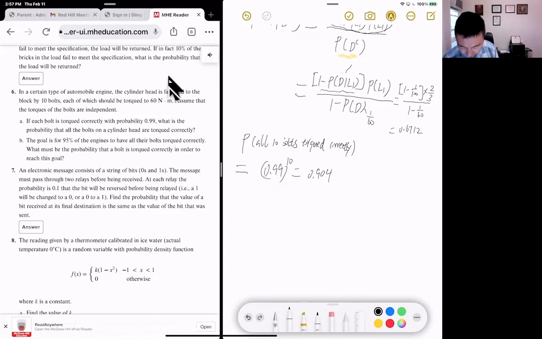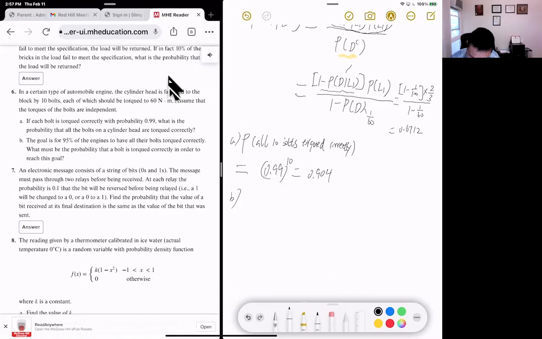Part B: if the goal is for 95% of the engine to have all bolts torqued correctly, what must be the probability that a bolt is torqued correctly in order to reach this goal? Okay.